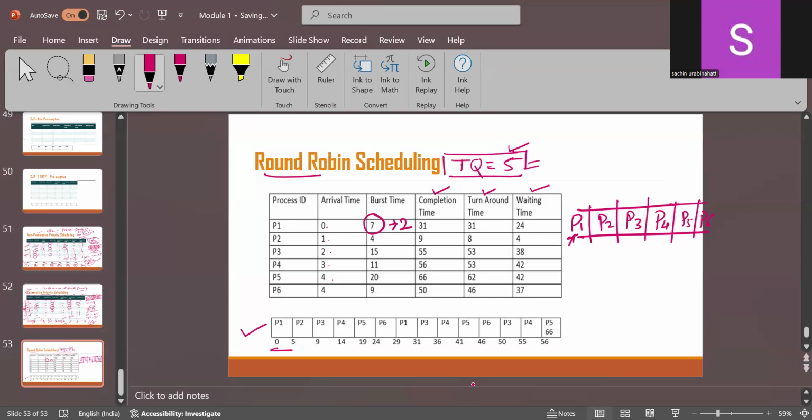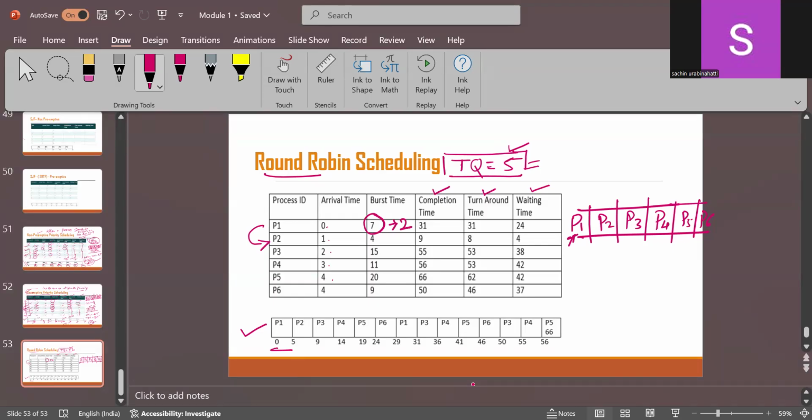Still 2 more units of time are needed for process 1 to complete its execution. But here we are preempting it and giving the CPU to the next process, that is P2. That is the meaning of your time quantum, and that is what round robin is all about. We are fairly distributing the CPU equally among all the processes. P1 has already taken the benefit of the CPU for 5 units of time.